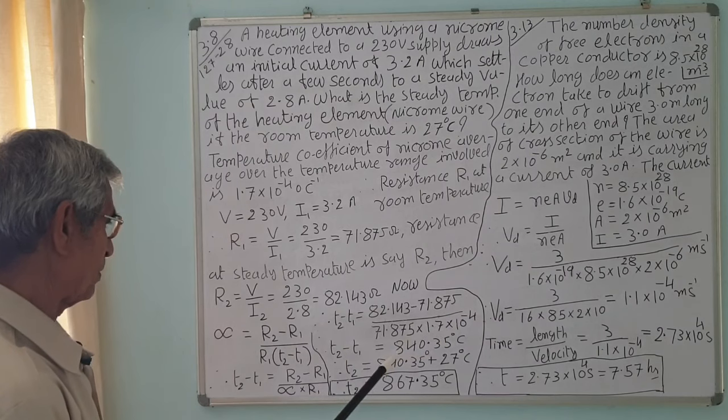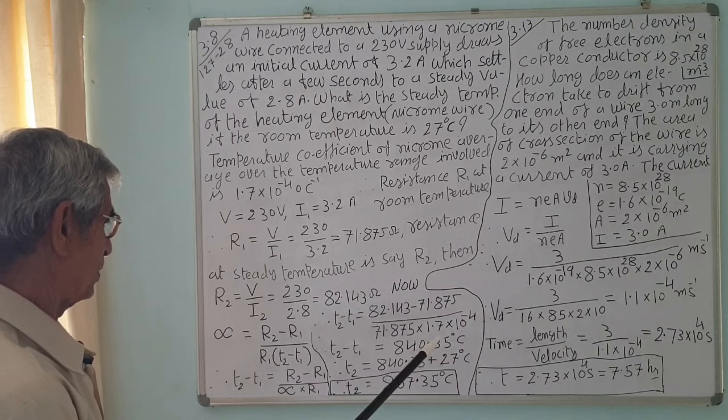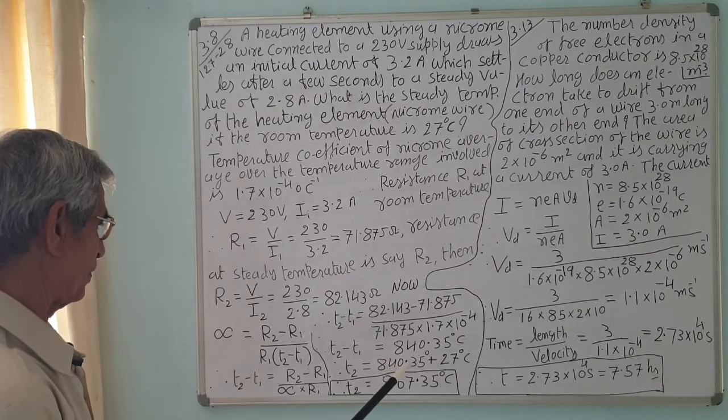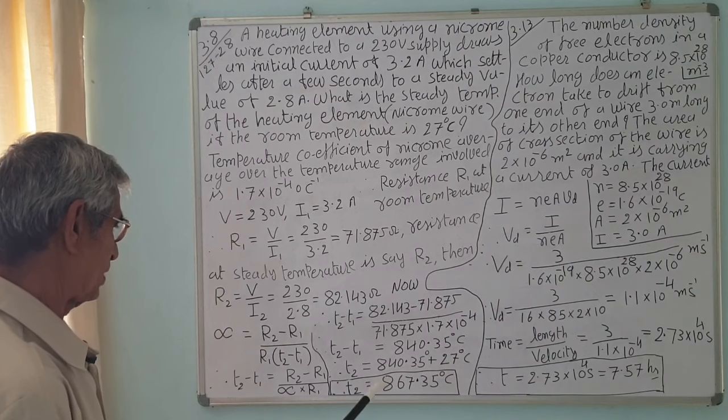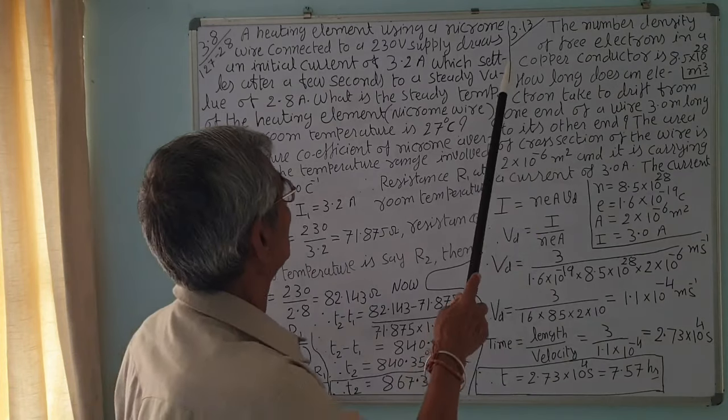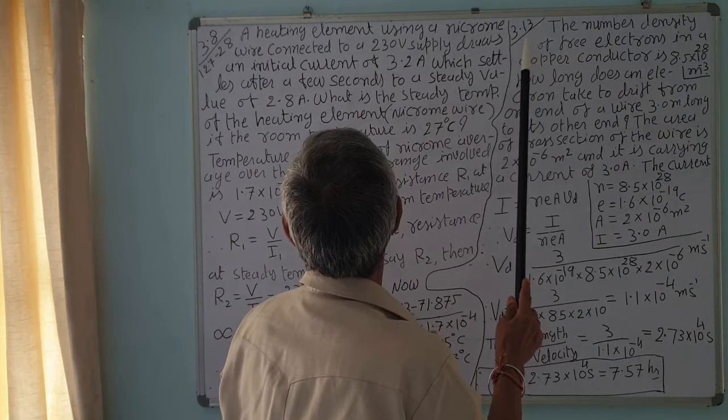This calculation comes to about 840.35. Therefore, T2 is equal to 840.35 plus 27, that is 867.35 degrees Celsius. Answer.